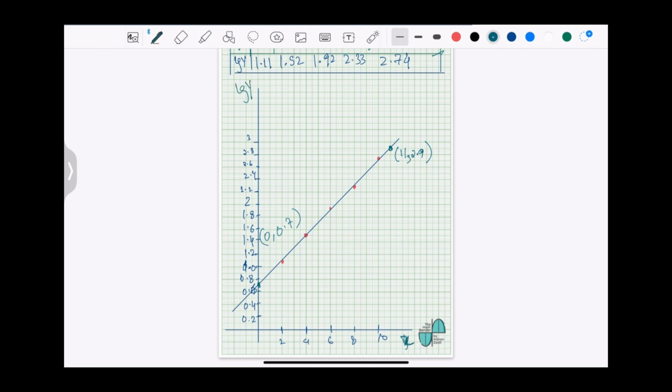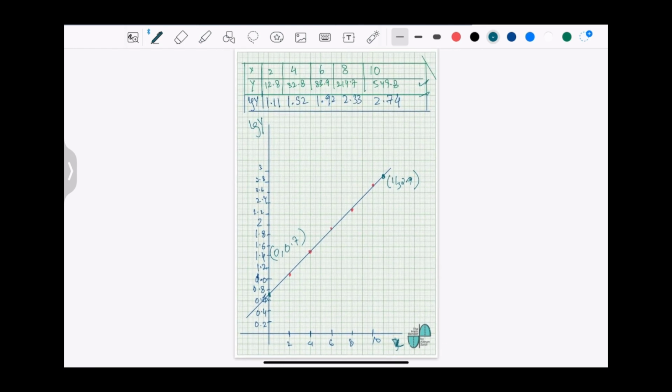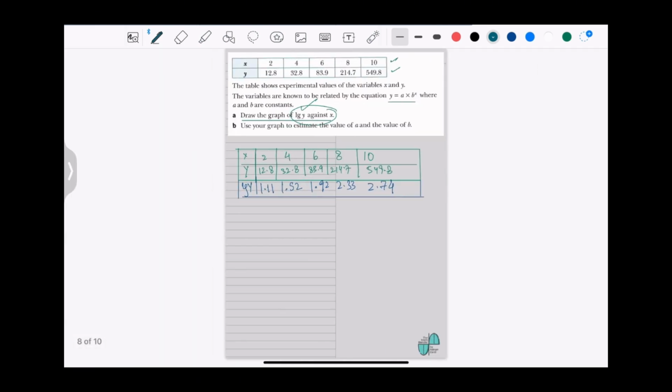Now for the equation of this line, write down the two coordinates that we have taken: (11, 2.9) and (0, 0.7).